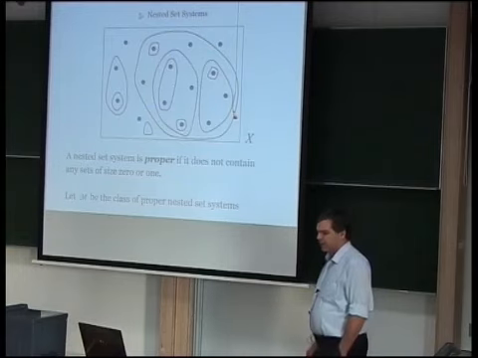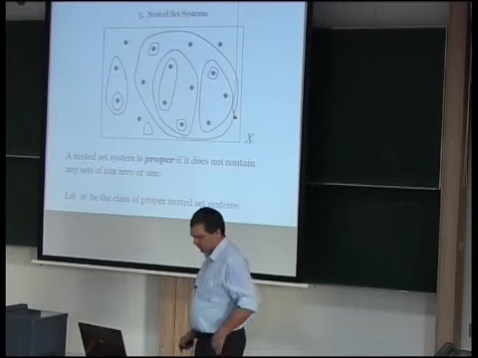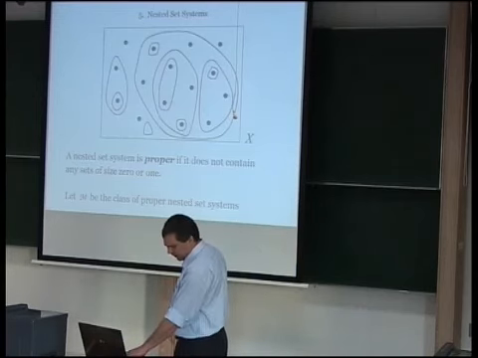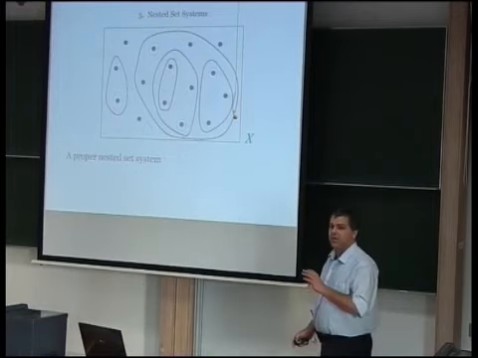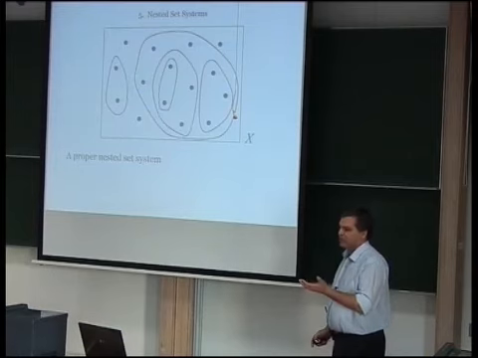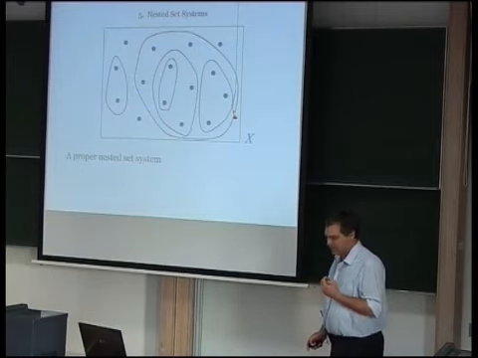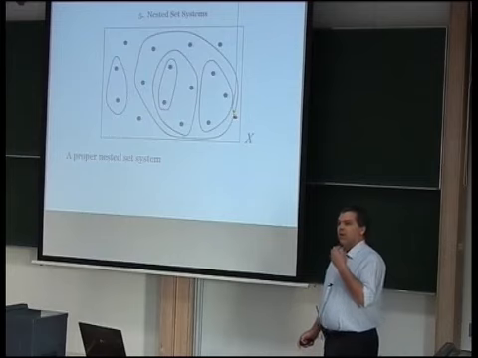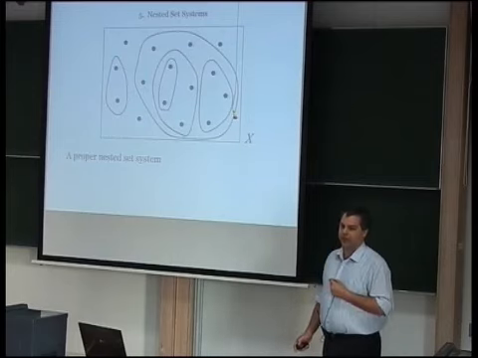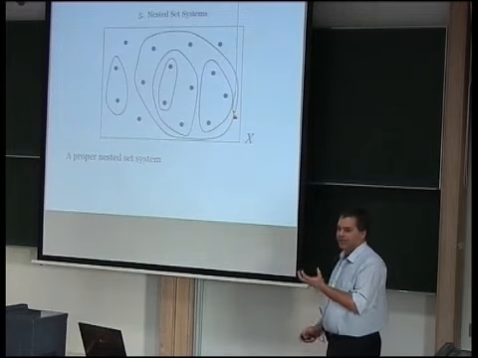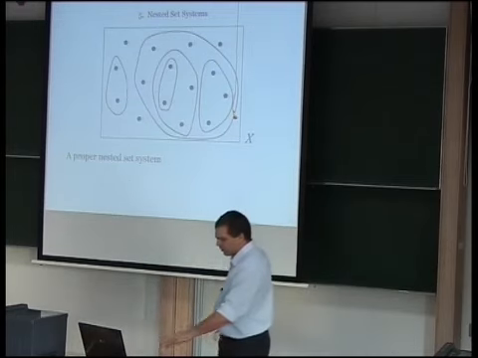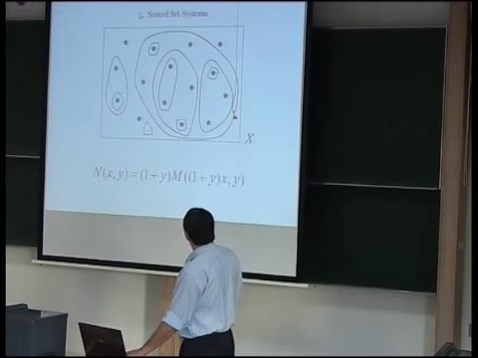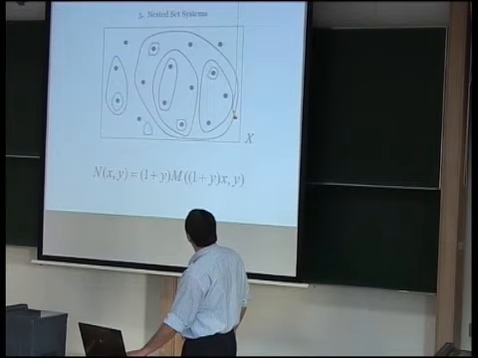And conversely, if I put in some extra sets of size 1 or 0, it won't fail to be nested either. So you can just say, let's look at the subclass of nested set systems that have no sets of size 1 or 0. And this is like the essential part of the set system, because you can arbitrarily throw in some sets of size 1 or 0, and it's not going to change anything. The thing will still be nested.